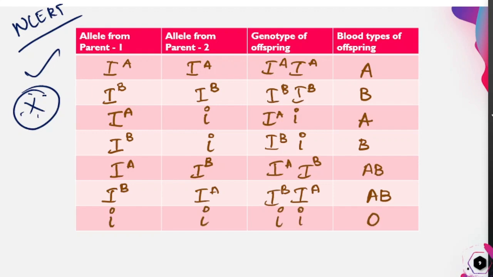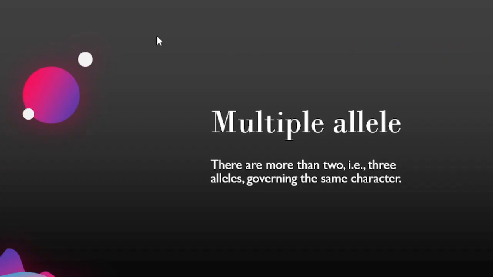Okay. Now going to the next concept: multiple alleles. If more than two alleles are present, three alleles governing the same character is called multiple alleles. Just now we saw an example: the ABO blood group type, that is, of red blood cells.